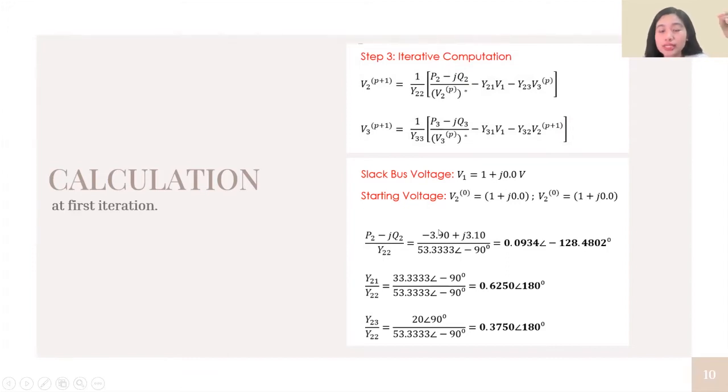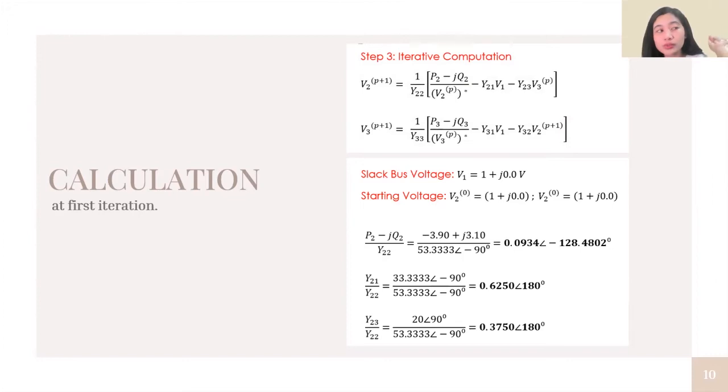Negative jQ2 is j3.10, which is why it became plus. Our Y22 is 53.333 at an angle of negative 90. This is just the substitution of values we got earlier. By dividing the two, we arrive at an answer of 0.0934 at an angle of negative 128.4802.